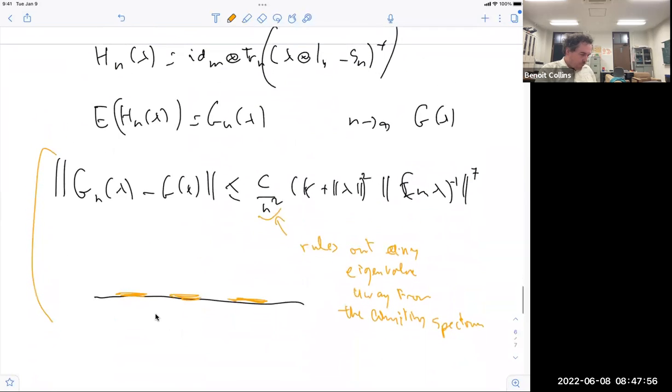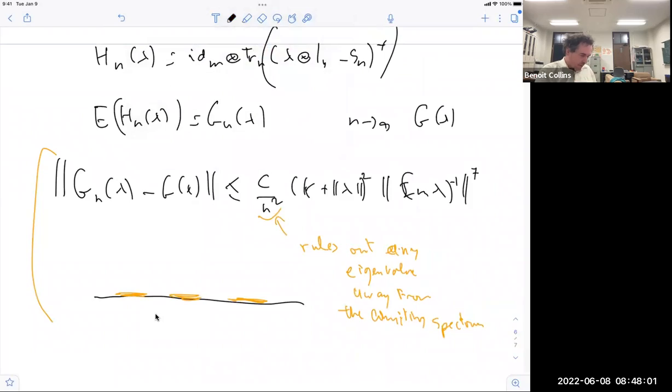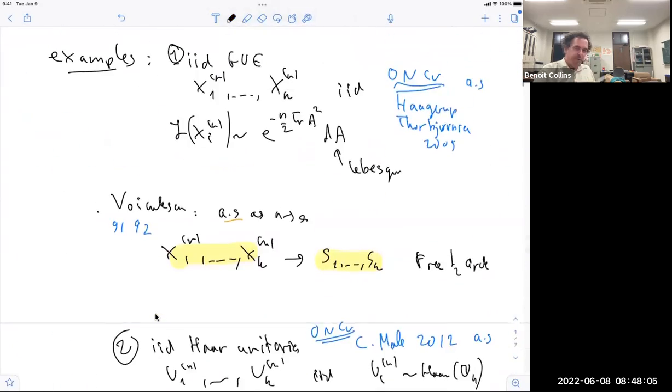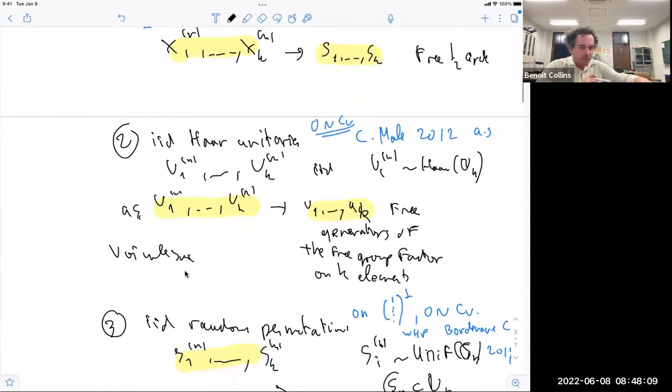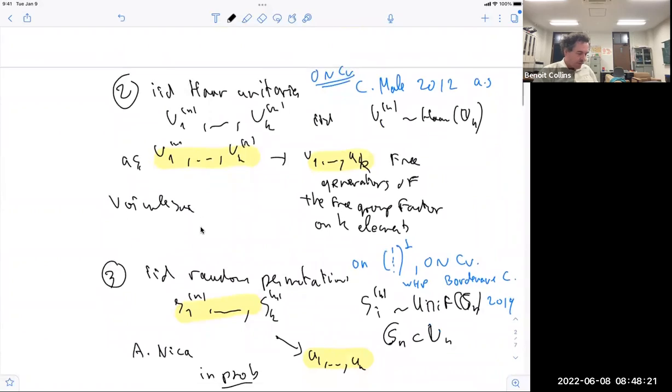However, there is one word I would like to say. So that's what I'm going to say about the technology required for the first example, and I would like to say a few words about the technology needed to prove the second example with random Haar unitaries.